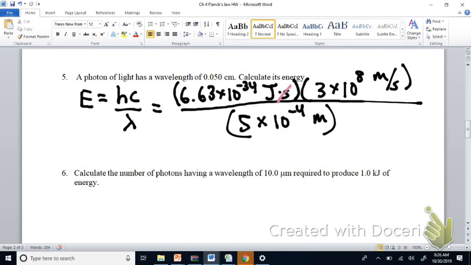So seconds cancel, meters cancel, which is going to give me a joule, which is exactly what I want. So now this is just a simplification problem. So the answer after we simplify is 3.98 times 10 to the minus 22 joules.